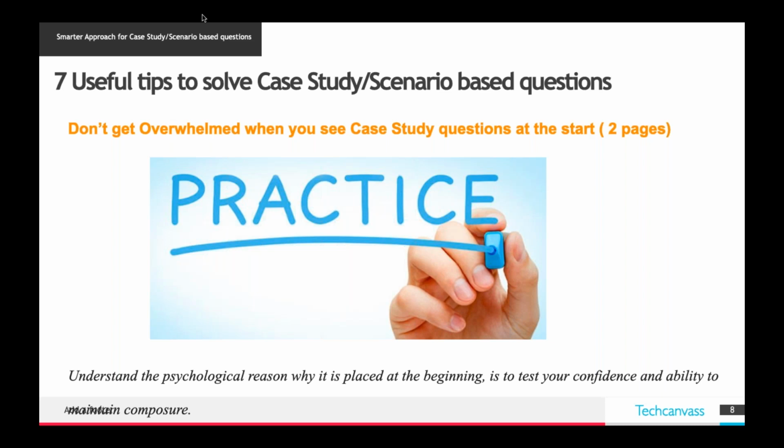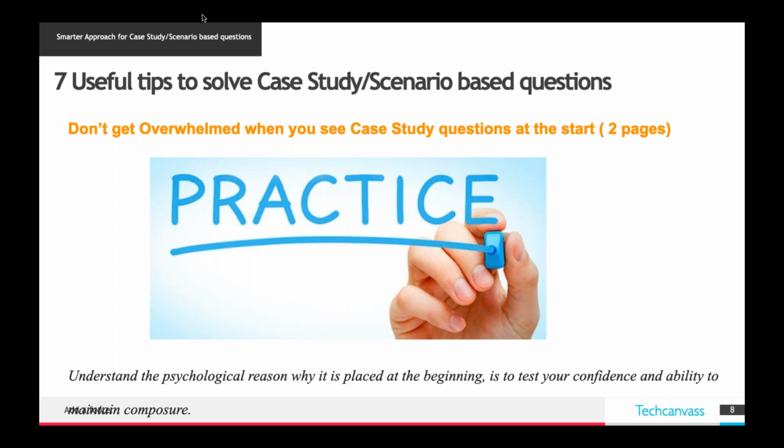And the reason why IIBA, and not only IIBA, almost all competitive examinations, when you go for GMAT, or I don't know how many of you have taken SAT and GRE, all those complex questions will be kept at the start of the examination because they want to break your confidence.